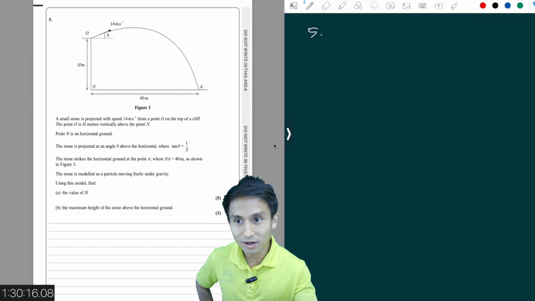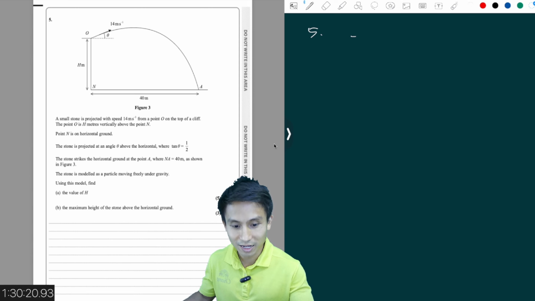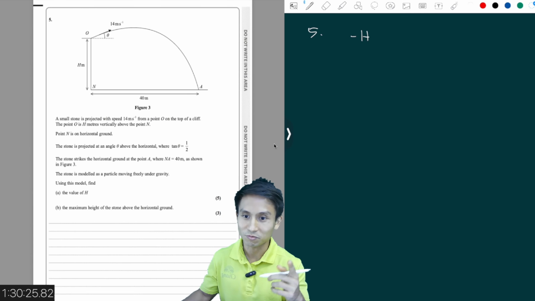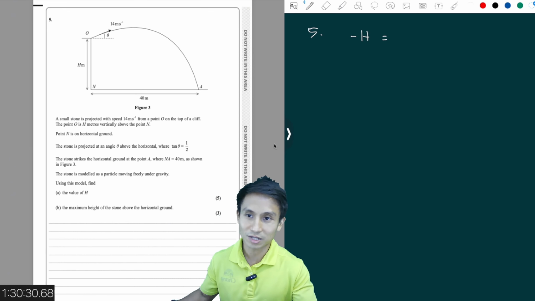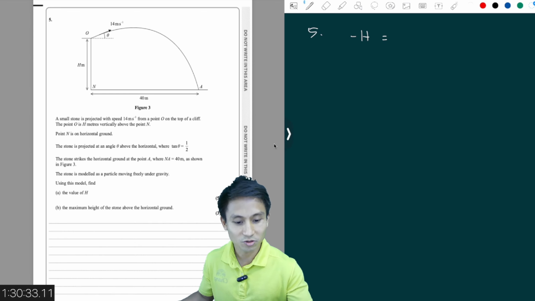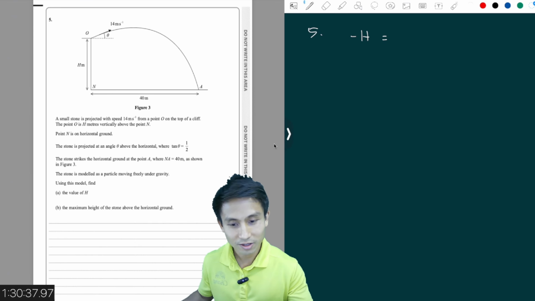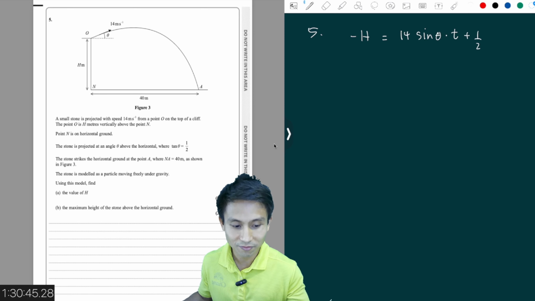Do that in 2 directions. So we're just going to do negative H, because it's negative there, but H is probably a positive value, because I'm going to take upwards as being positive. Using S equals UT plus half AT squared, U is 14 sine theta times T, we don't know T, plus half, and A is minus 9.8 T squared.